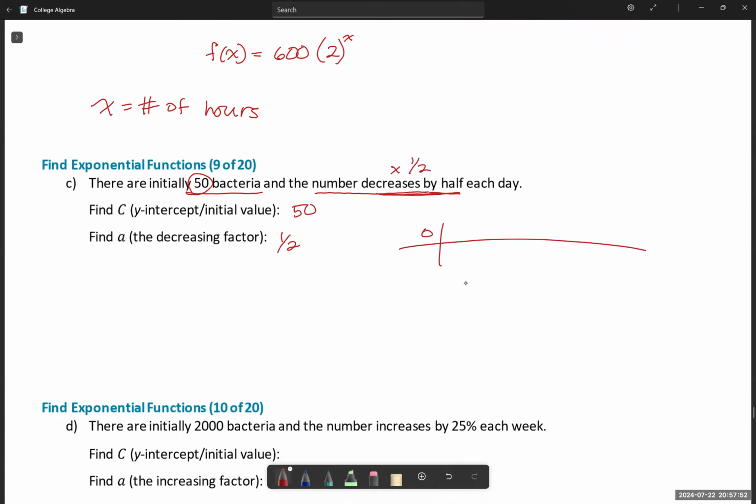Part E, we have 300 bacteria initially, and the number decreases by 20%. So we have our 100% if we were to just keep the same value, but instead we're decreasing. So we're going to subtract 20. So that's going to give us an 80% rate of what stays.